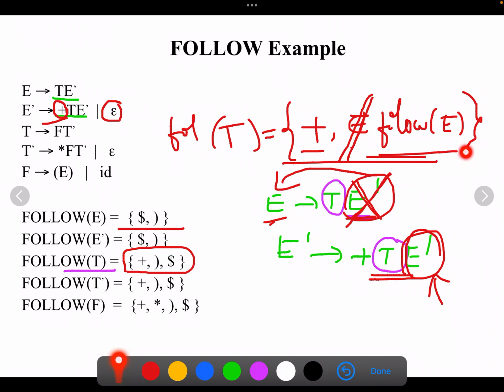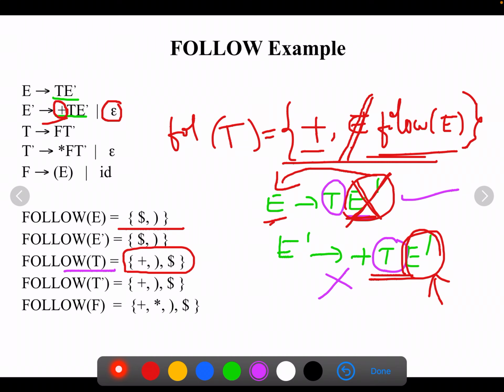You are going to obtain the same thing. In case of epsilon, you have to take follow of E dash, but follow of E dash is already done, since E and E dash are the same, therefore you obtain the same answer here. Since you are obtaining the same answer, we don't consider this production, only consider this production that gives you all the solution.